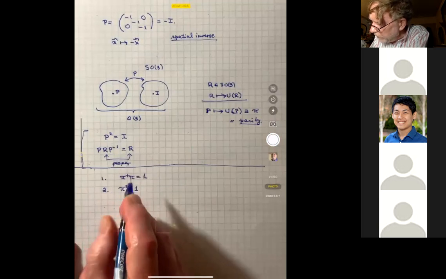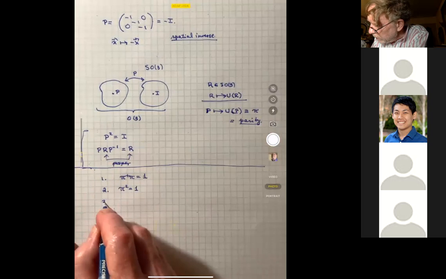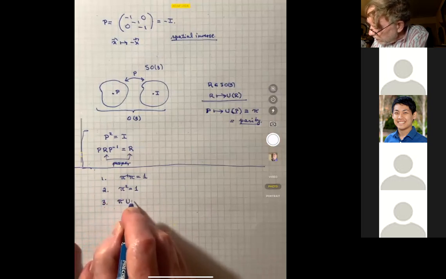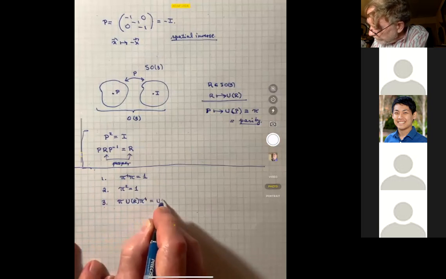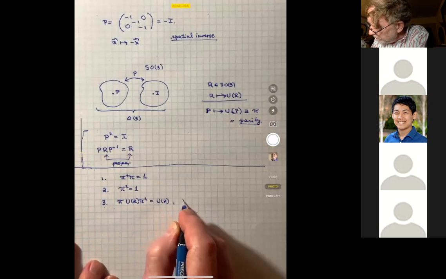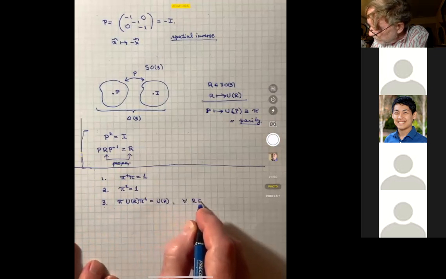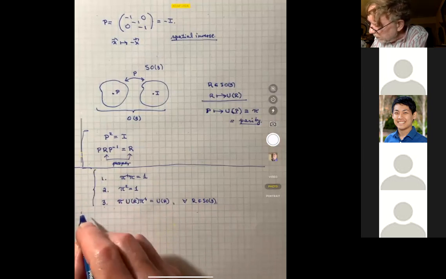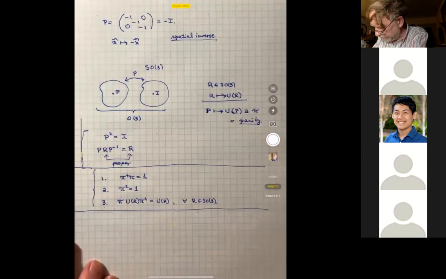That's the P squared equals identity. And the third one is that pi times U(R) times pi dagger should equal U(R) for all proper R. All right, these are basically postulates that the parity operator needs to satisfy.